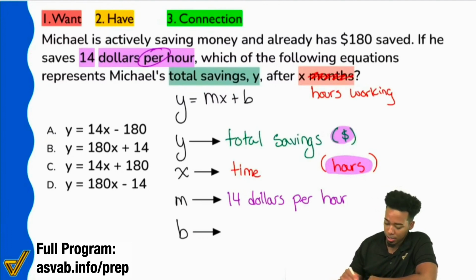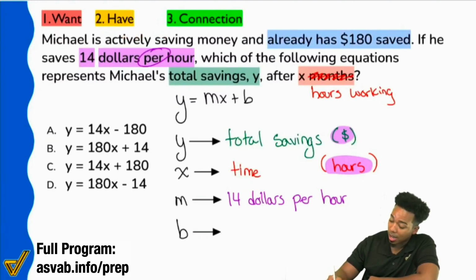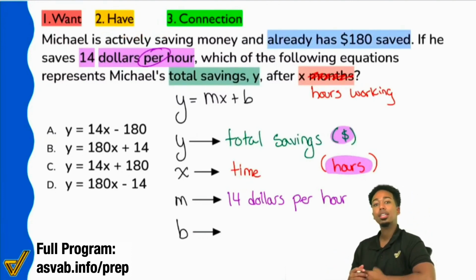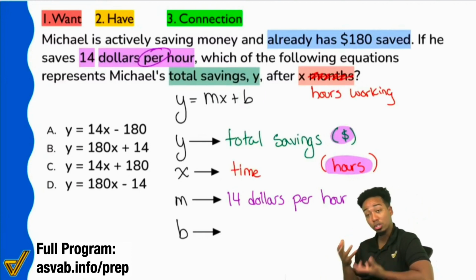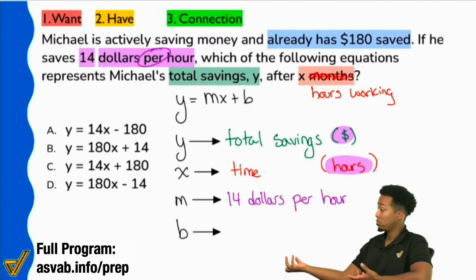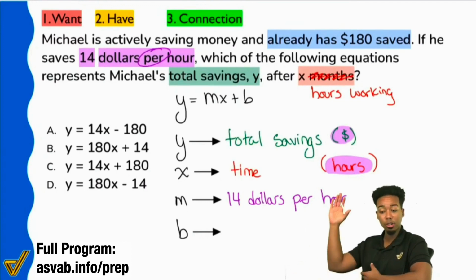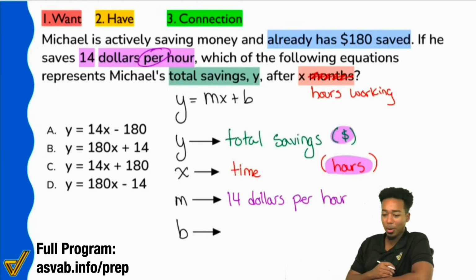If you take a look here, Michael is actively saving money. And look at that, it says it clear as day, already has 180 saved. That tells us that initially, in the beginning, Michael already has $180. Yes or no, does that make sense? We already have $180 saved, so that's the beginning amount.